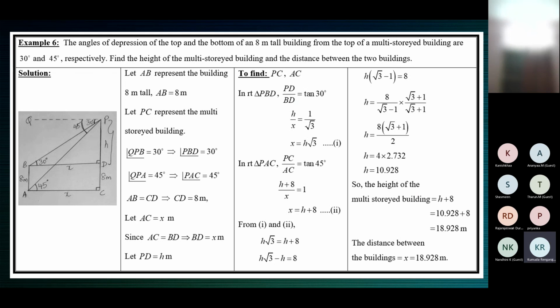Children, since it's time, take a screenshot of this answer and finish it in your classwork. The last one and this one, we'll understand in tomorrow's class, and then start the revision program on quadratic equations. Take a picture, children.